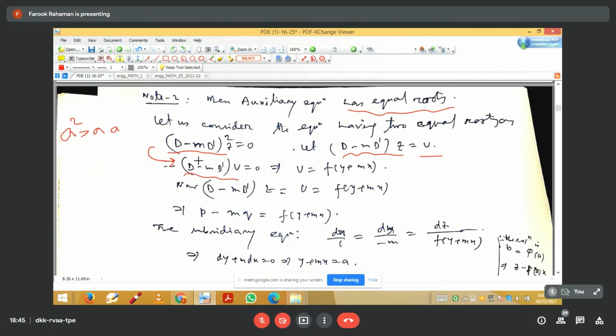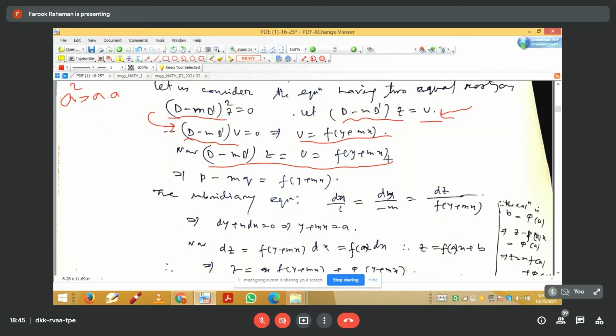Okay. Now from this equation, one can easily solve Du equal to a function of y plus mx, and if you put the value of u, then the corresponding equation looks like this, and we can see that this is a linear first order partial differential equation.